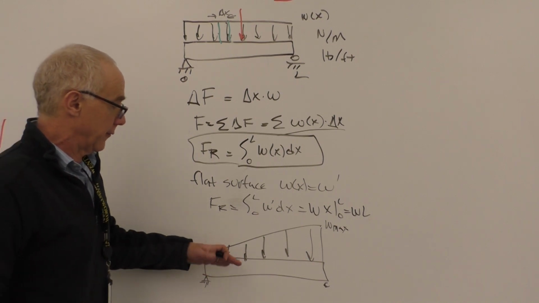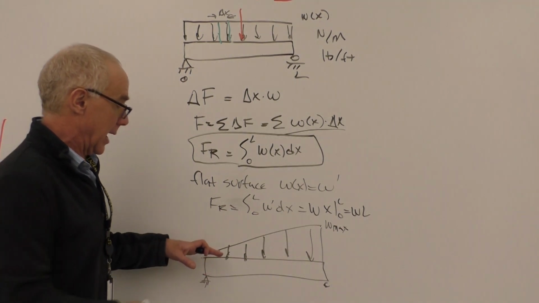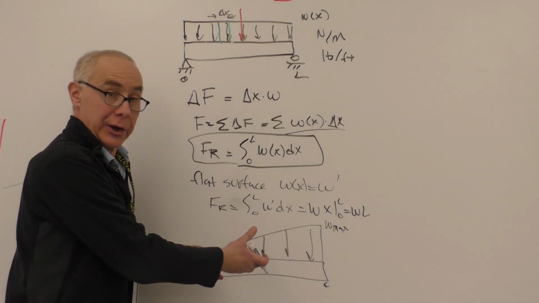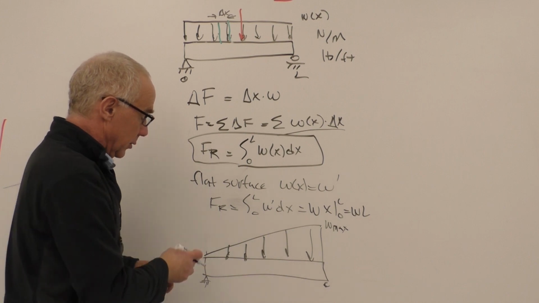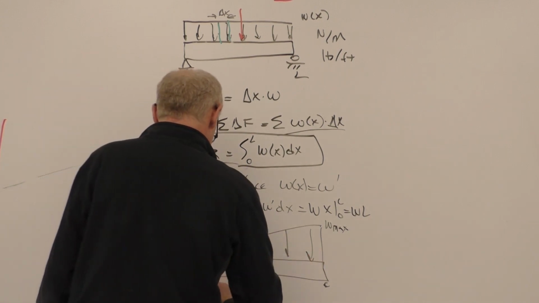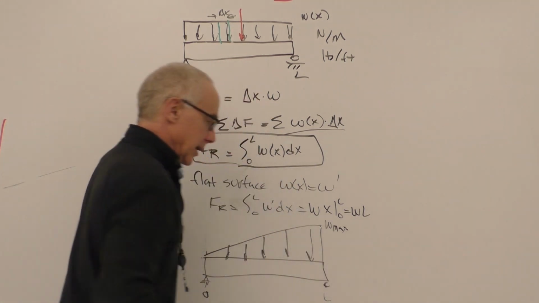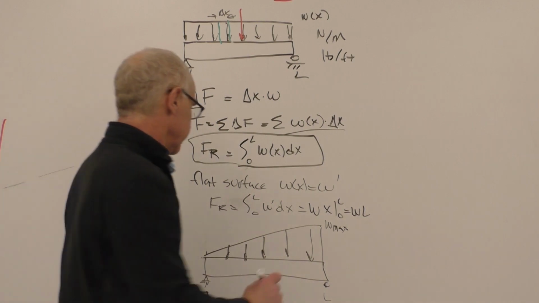So we realize that if this resultant force is in fact the area under this curve, this is just a triangle. So the area under this curve is going to be equal to 1/2 times the width, which is, if this goes from 0 to L, L, times W, the height, divided by 2.